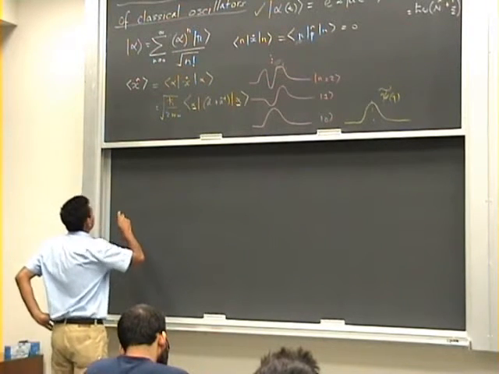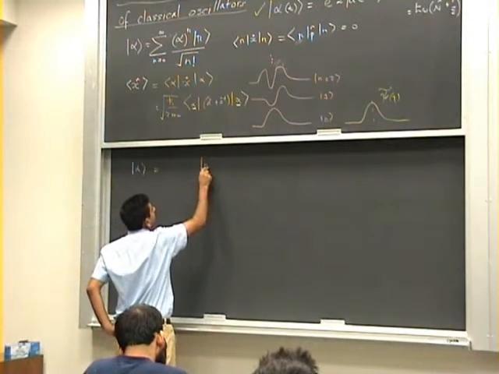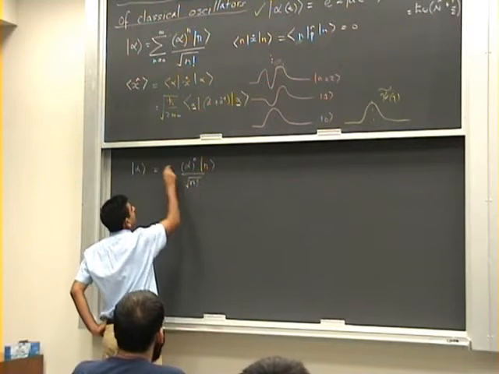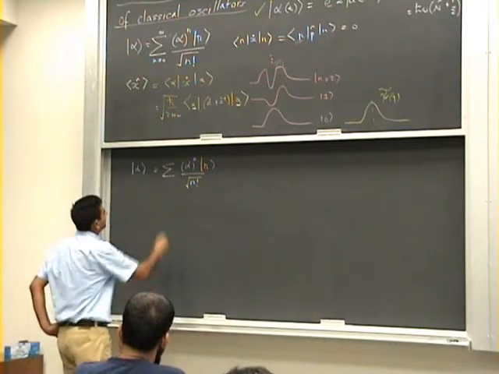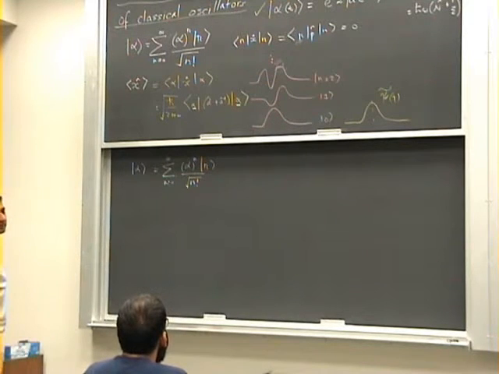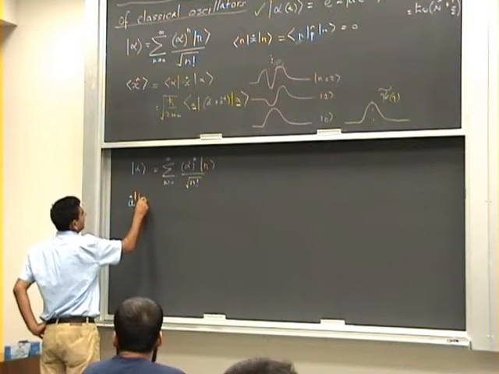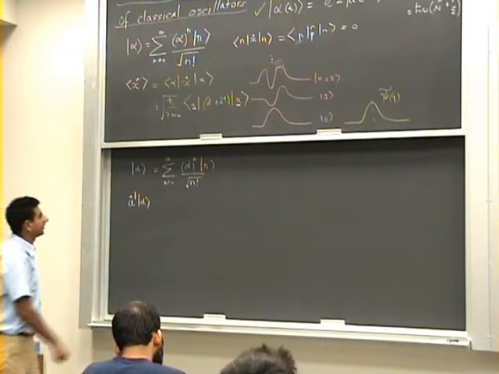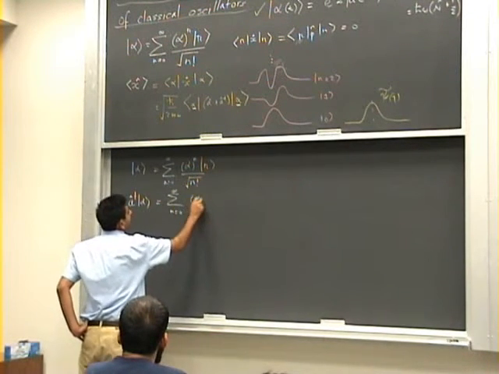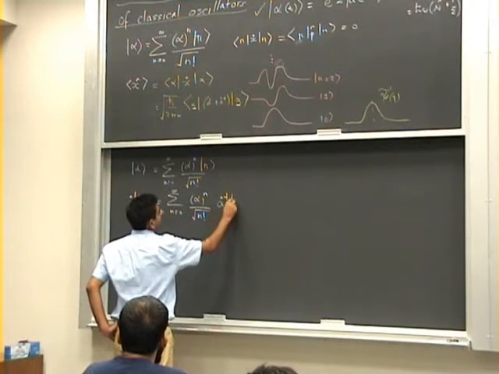Now what I could do is, I know that ket alpha is given by the sum of alpha to the power n over the square root of n factorial ket n, where n goes from 0 to infinity. Now if I apply the raising operator on ket alpha, the sum from n equals 0 to infinity of alpha to the power n over the square root of n factorial, the raising operator acting on ket n.